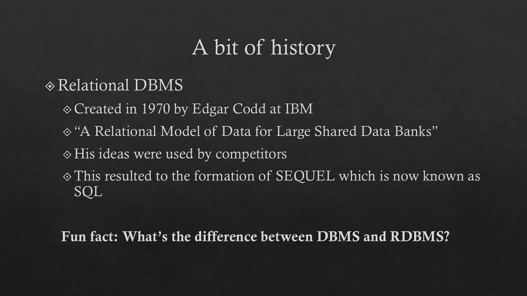Just to give a bit of background on how relational algebra was formed, it was all started by a man named Edgar Codd, who used to work for IBM in the 1970s. He did some work on relational algebra and relational DBMS systems, wherein his main work was called the relational model of data for large shared data banks. Now, Edgar Codd was pushing this idea with IBM, but they weren't very fond of it.